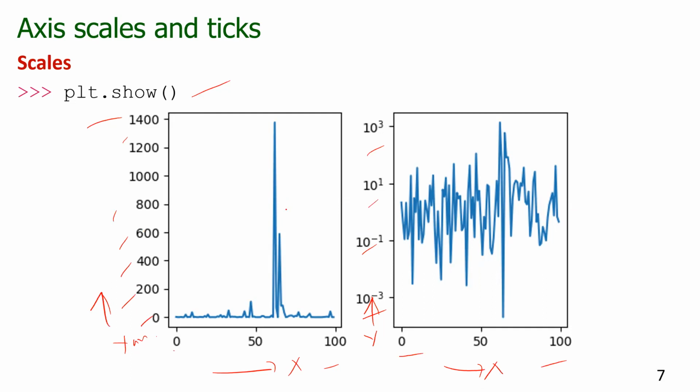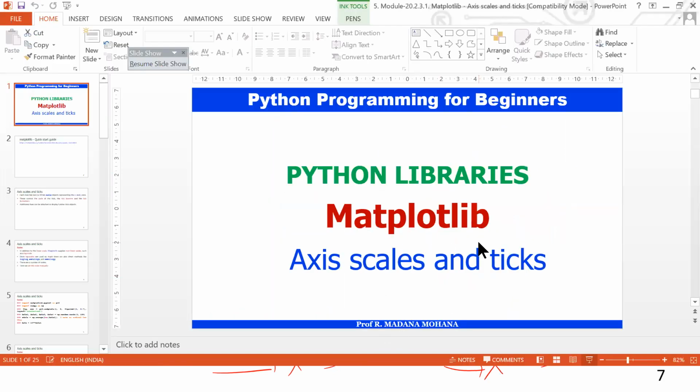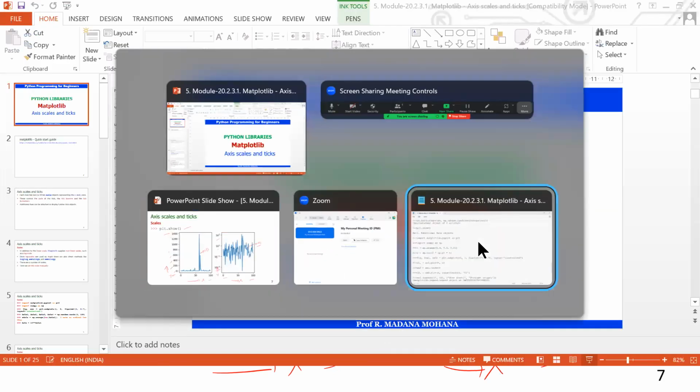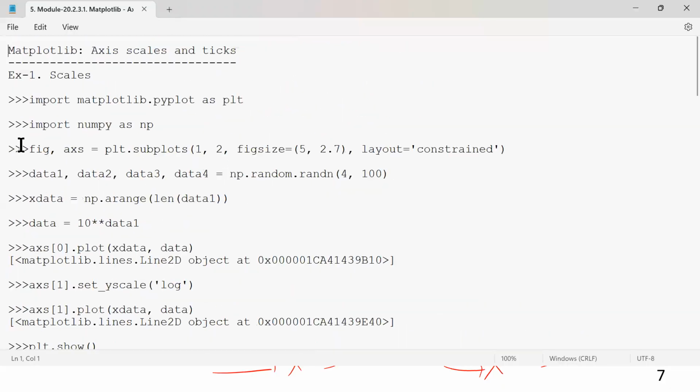Here you can see these are all ticks of the graph. Let us run this program and check. So manually we set the ticks here. So the scaling also we have defined on our own.